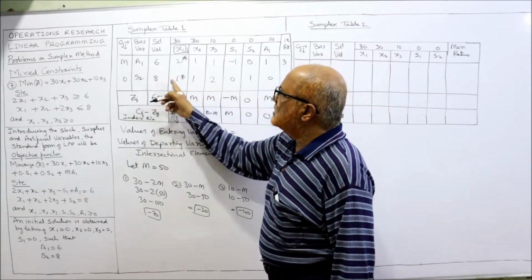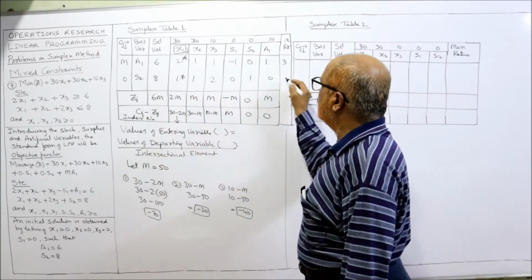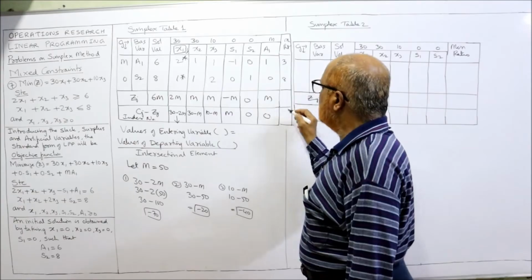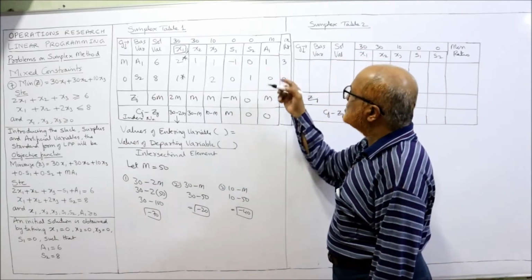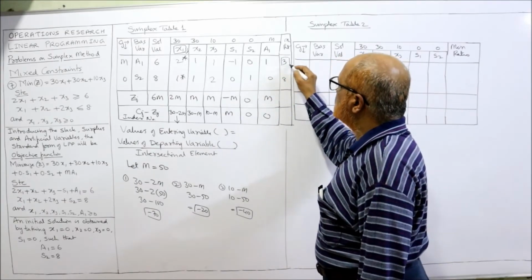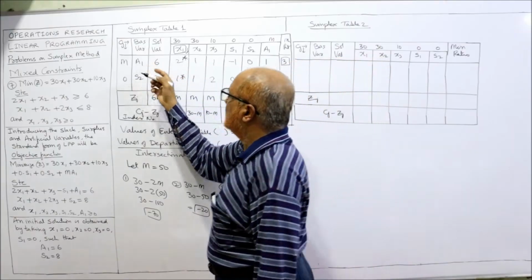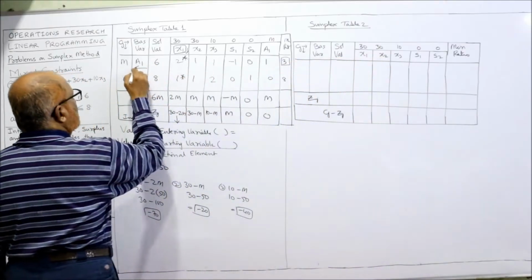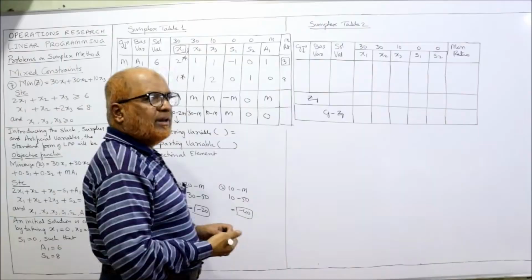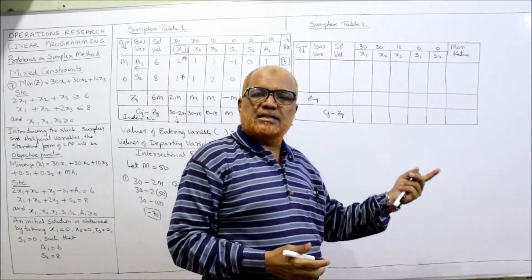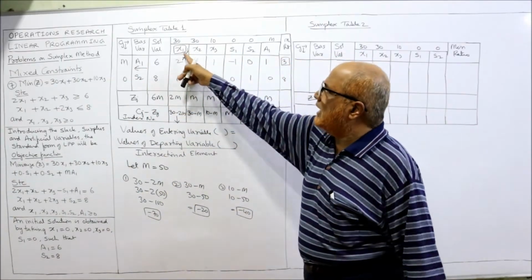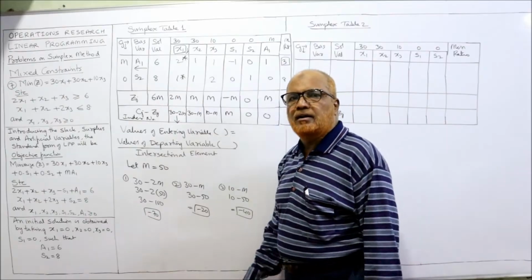Here 8 divided by 1 is 8. Whichever is minimum, 3 is minimum. So 3 means which variable we have here? A1. So A1 will depart. In the next iteration, x1 will enter and a1 will depart.